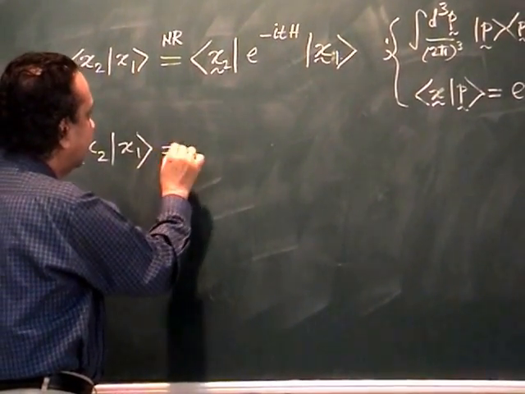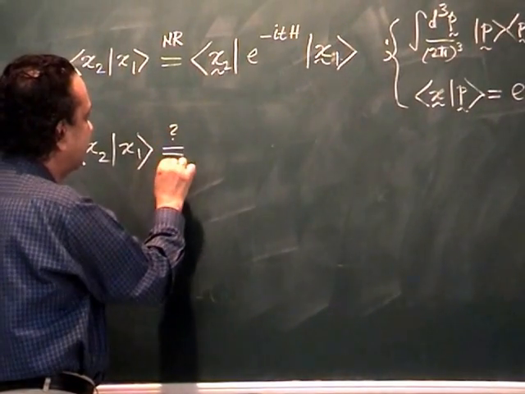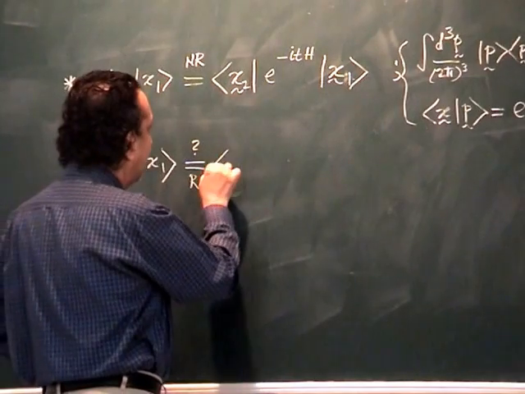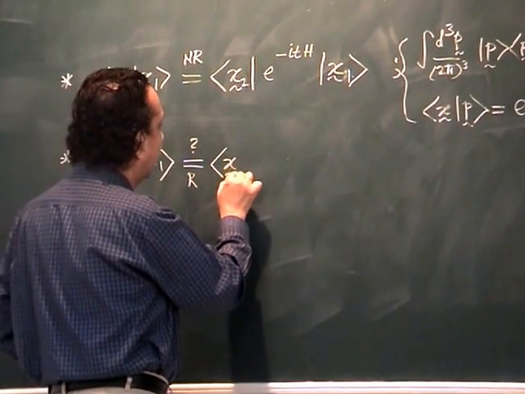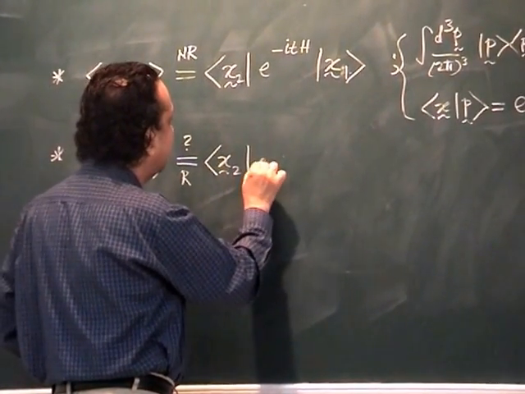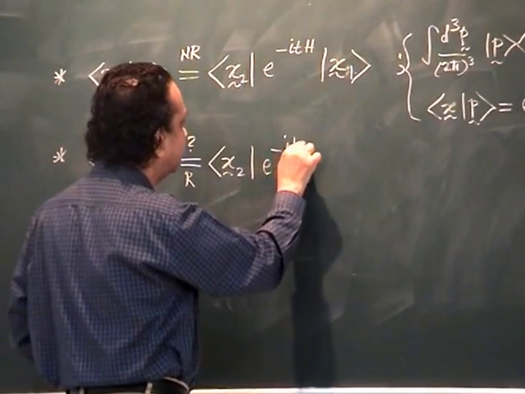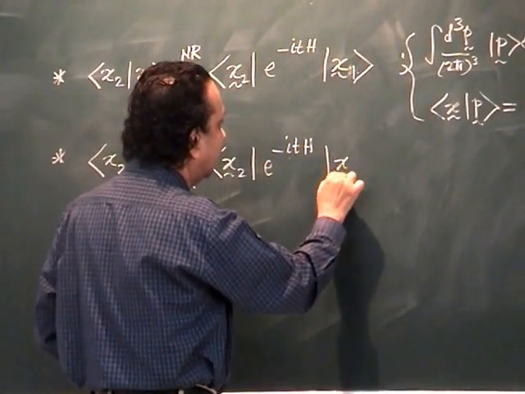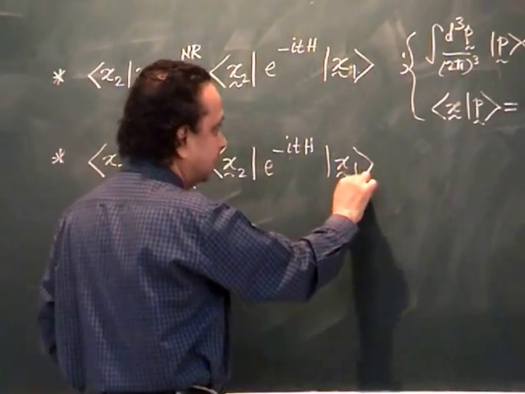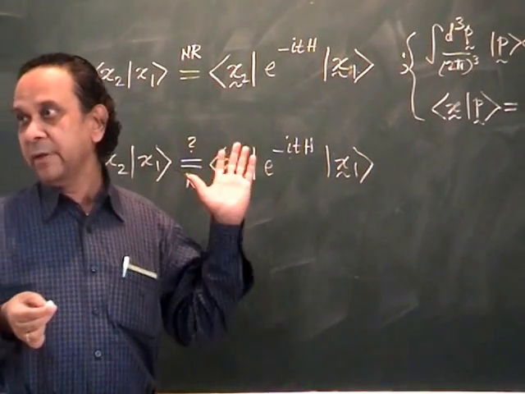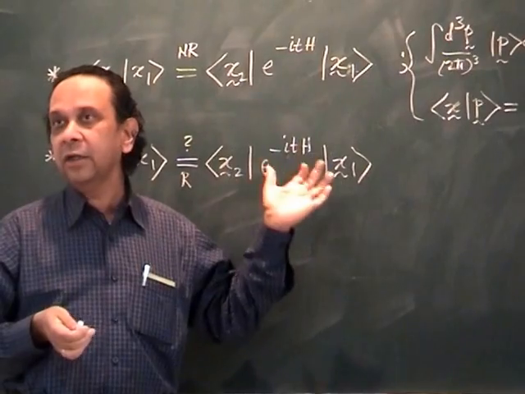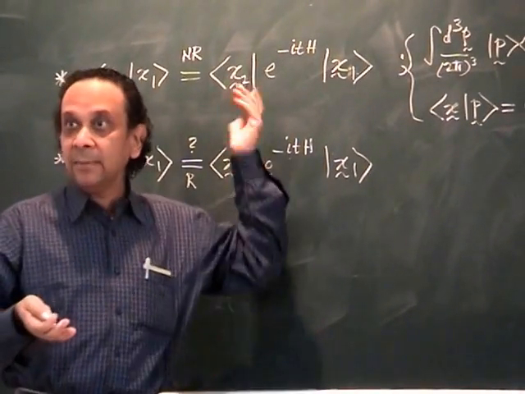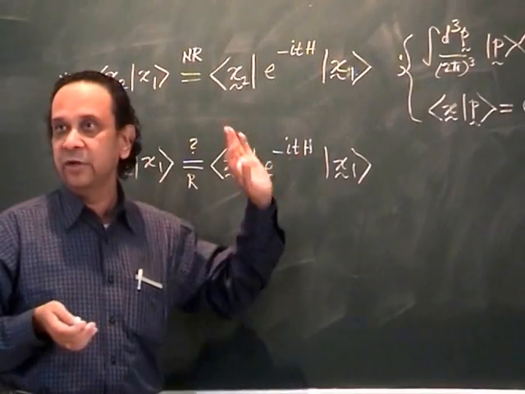We are trying to see whether in the relativistic case you can write it like ⟨x2|e^(-itH)|x1⟩. If we succeed in this, it would be wonderful, a Nobel Prize, because we would have got a single particle Lorentz invariant relativistic description with some Hamiltonian. I am not even saying what the Hamiltonian should be.